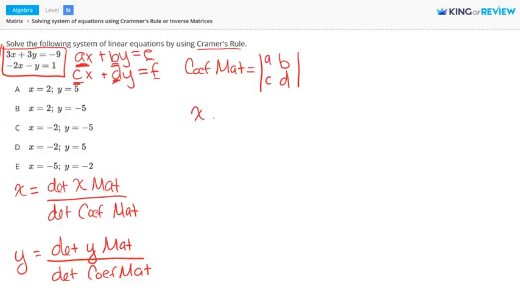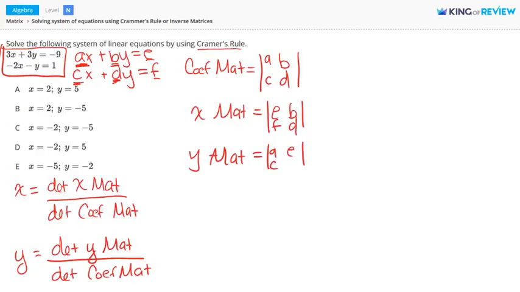The x matrix is set up as E, B, F, D, and the y matrix is set up as A, E, C, F.